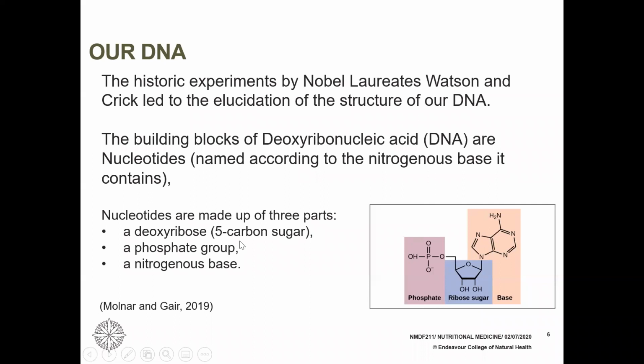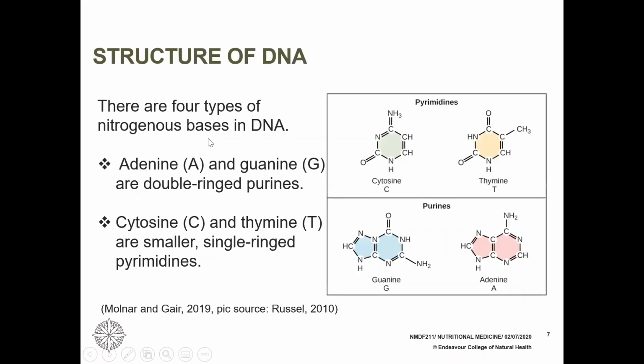Each nucleotide is made up of deoxyribose, a phosphate group, and a nitrogenous base. These nitrogenous bases can be purine or pyrimidine. So purines are adenine and guanine, and pyrimidines are cytosine and thymine.